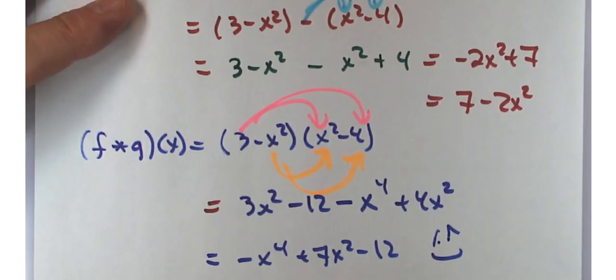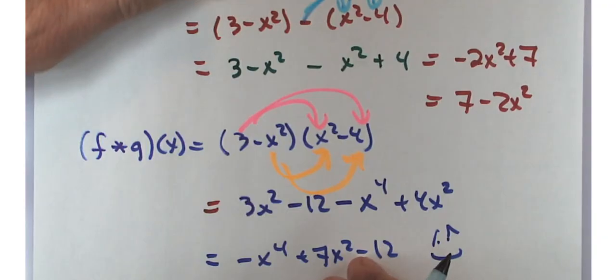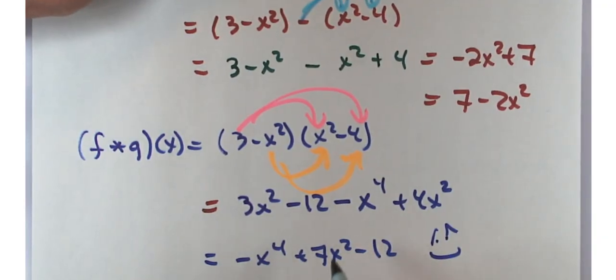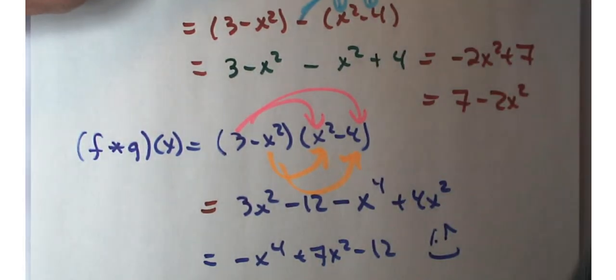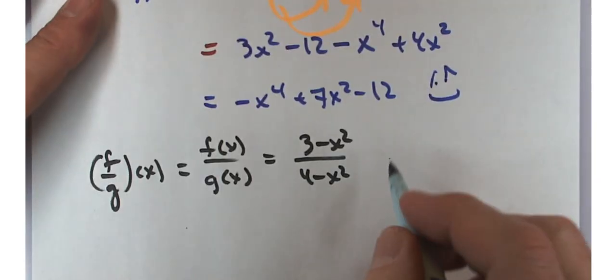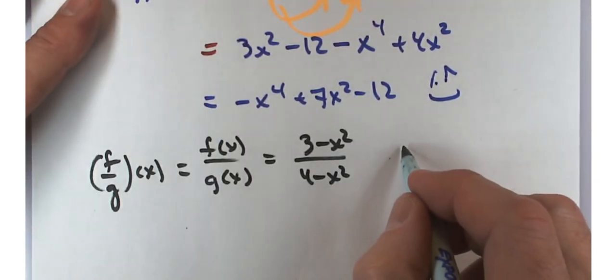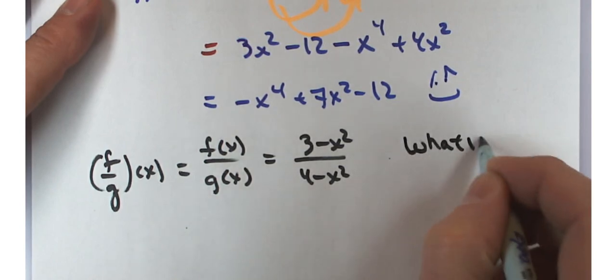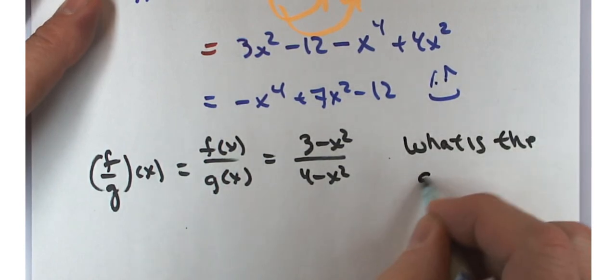It's really going to be f of x divided by g of x, which in our case is going to be 3 minus x squared divided by 4 minus x squared. And the last one comes with a little extra work here for us. We need to find the domain. What is the domain?